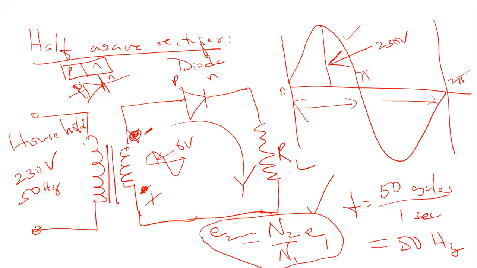Now, under this cycle, that is pi to 2 pi, the negative signal will be connected to the P type and the positive signal will be connected to the N type via this load resistance. Therefore, under this cycle between pi to 2 pi, you will have the PN junction reverse biased.